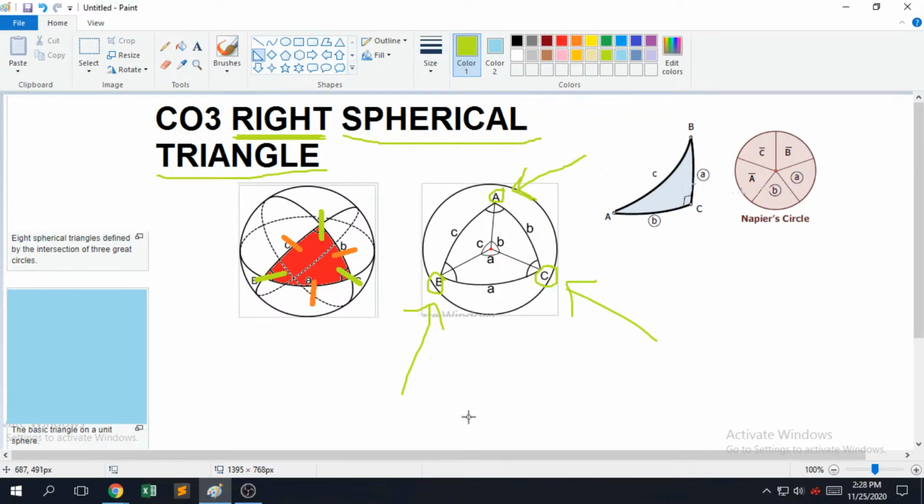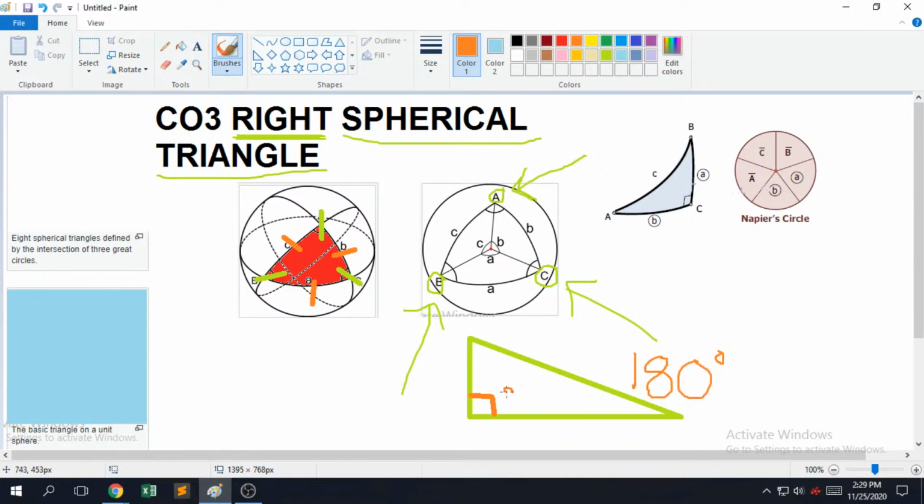If you can remember, in a right plane triangle, it's impossible to have two 90-degree angles, because the total of internal angles in a plane triangle, any triangle, is 180.